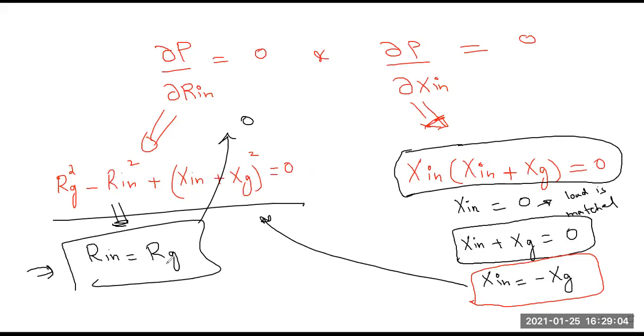So now you have a key condition: if Rn is equal to Rg and Xn is equal to minus Xg, what can you say about the relationship between Zn and Zg?